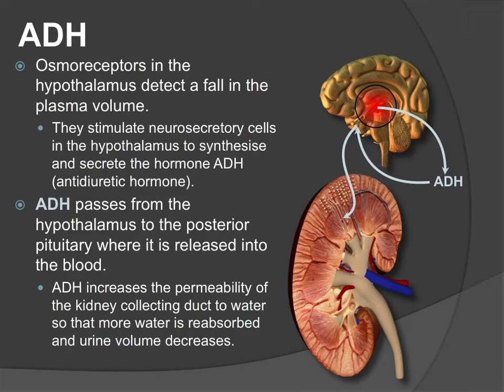They're called aquaporins. When the aquaporins are opened up or increased, more water is able to pass from the collecting duct back into the bloodstream, so more water is reabsorbed and the urine volume is going to decrease.